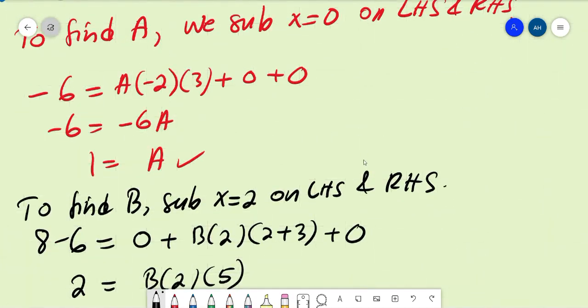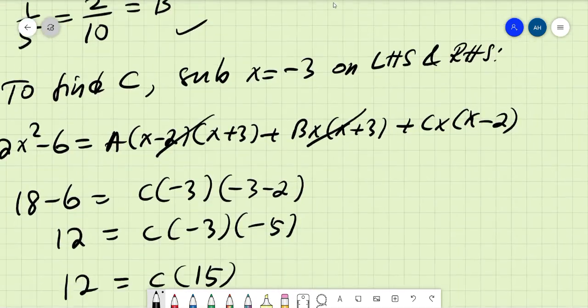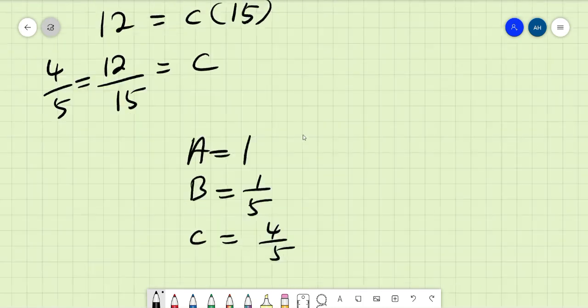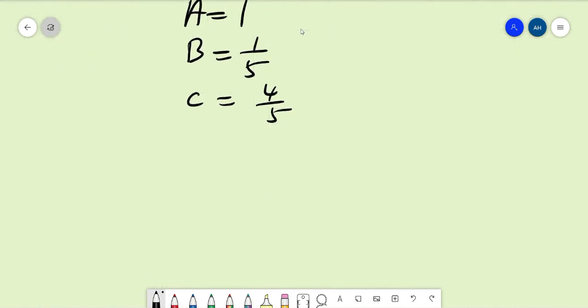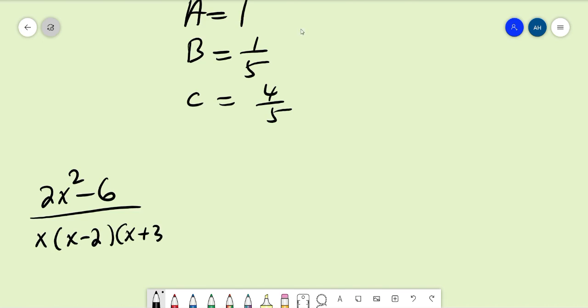Therefore we can write down our final answer like this. That is, we have 2x squared minus 6 over x multiplied by x minus 2 multiplied by x plus 3.